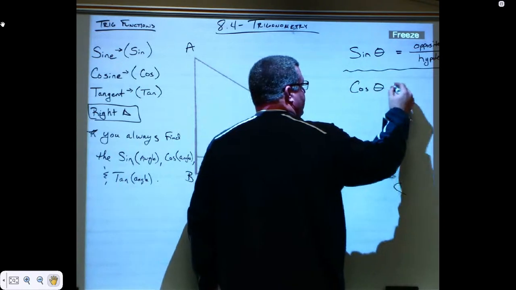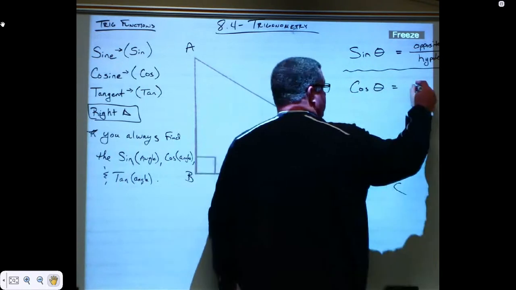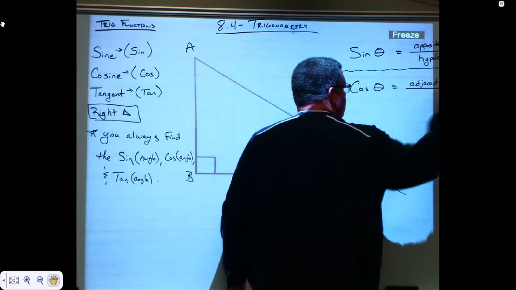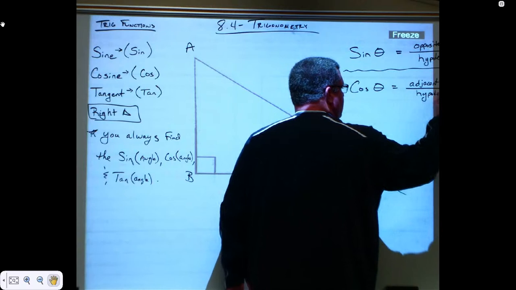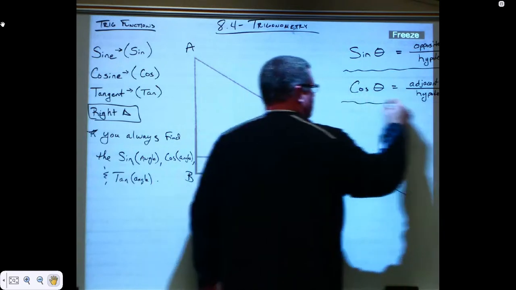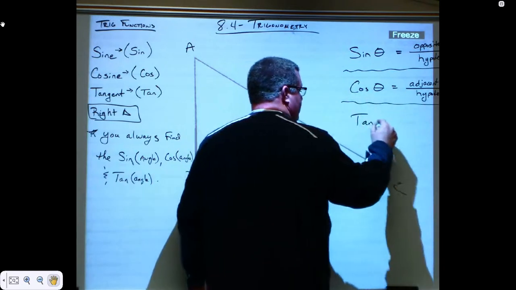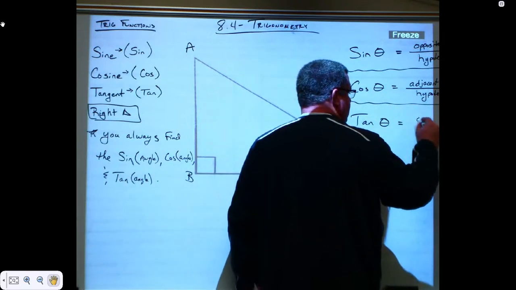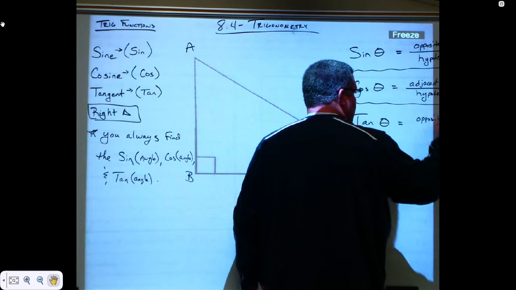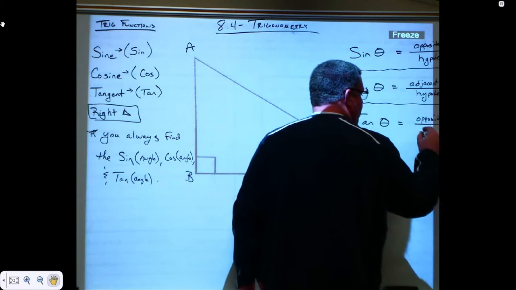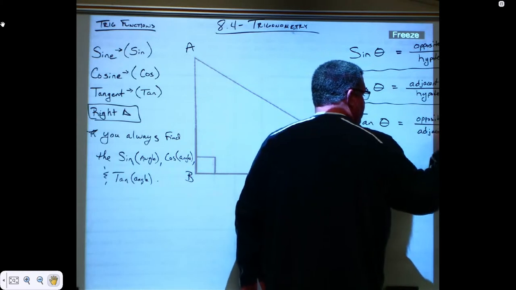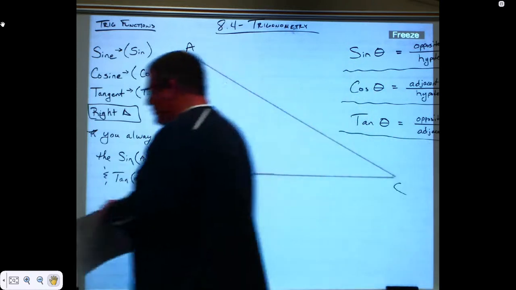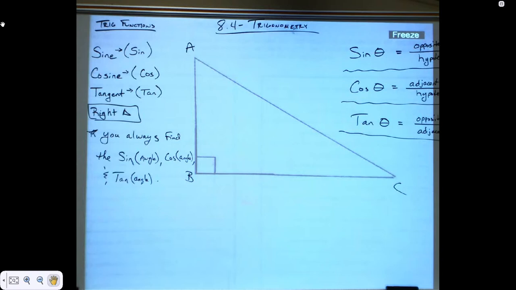Cosine of theta, some angle, is always equal to the adjacent leg over the hypotenuse. And tangent of some angle theta is always equal to the opposite leg over the adjacent leg. Those are your trig functions.